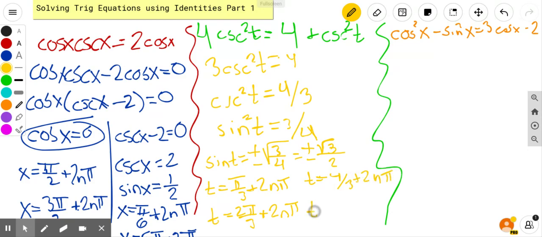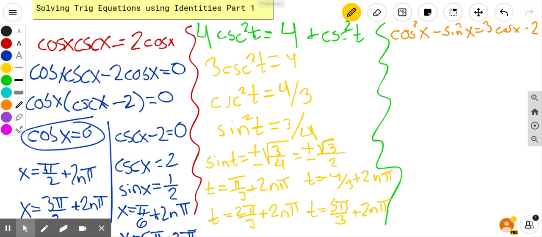And it should be 5 pi over 3 plus 2n pi. Always make sure that when you apply a square root, you take into account both the positive and the negative version of that square rooted value. So notice, in this instance, I should have 4 distinct principal angles.